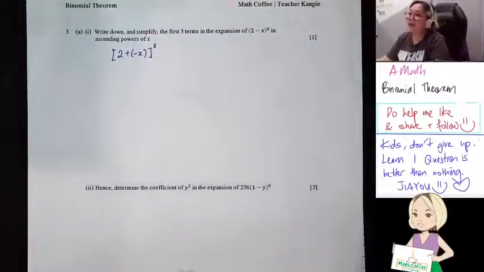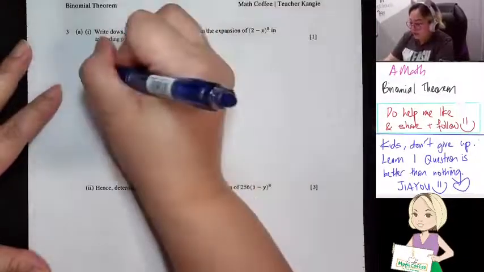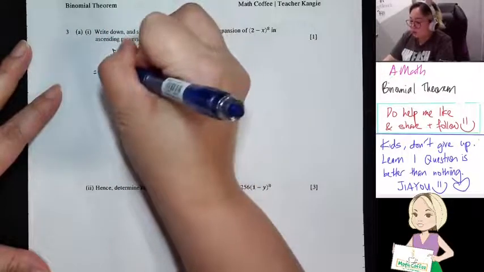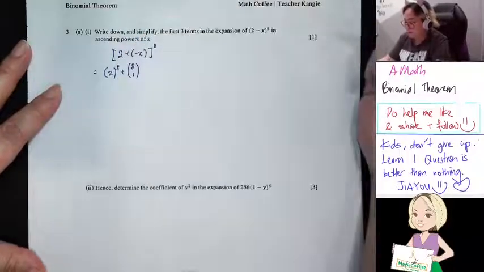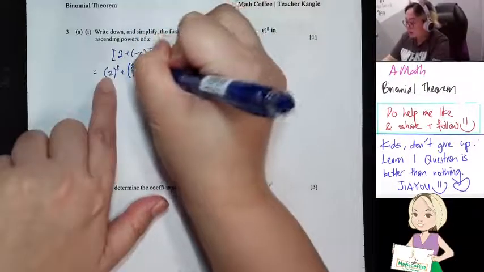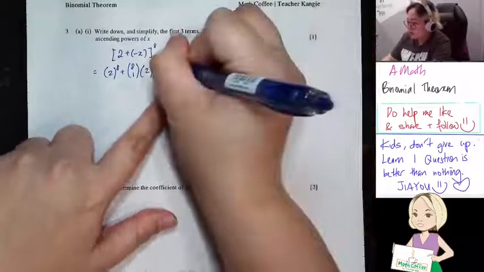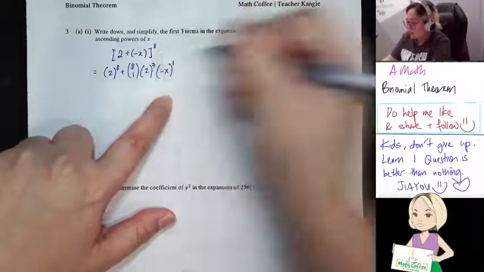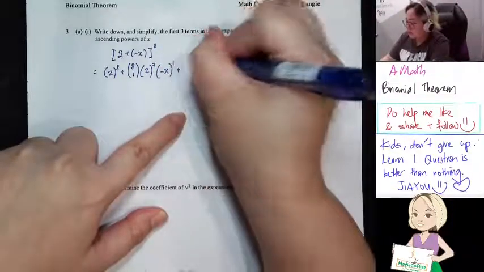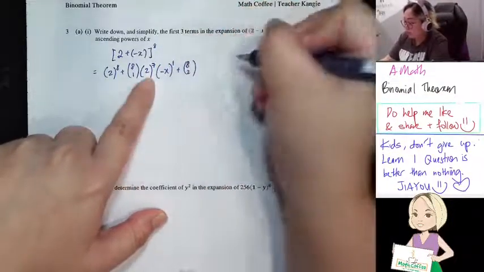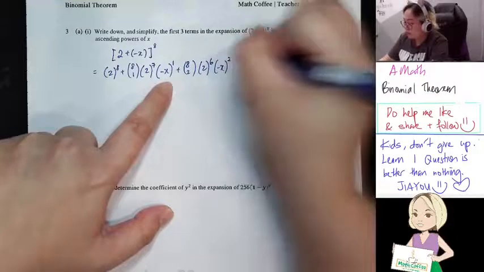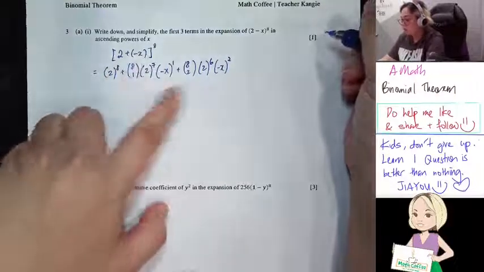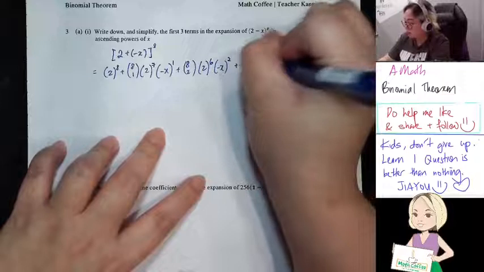So I let my a be 2, and my b is negative x. When I expand, I write a to the power of 8 plus 8C1, then a with reducing power, and b now comes in to the power of 1. Next, 8C2, this 2 will be reducing power, and this minus x will be to the power of 2. They only want the first 3 terms, 1, 2, 3, so the rest I'm not interested in, put plus dot dot dot.